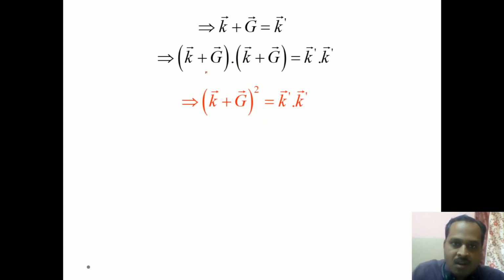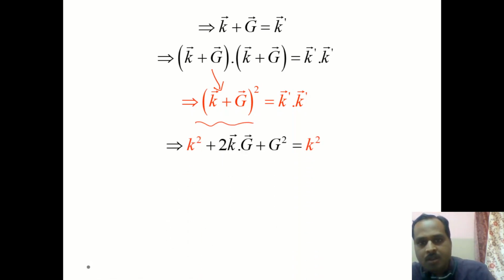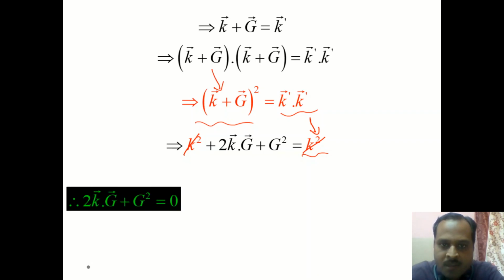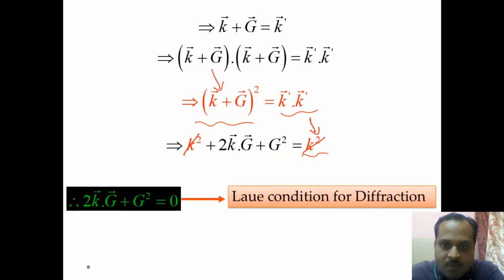So this can be written as (k plus G) whole square, and this is equal to k prime dot k prime, and this can be expanded as k square plus 2 k dot G plus G square, and is equal to k square, because we know that the magnitudes of the wave vectors k and k prime are the same. Now this k square will get cancelled out on the left hand side and the right hand side, and we obtain the Laue condition for diffraction, which is 2 k dot G plus G square is equal to 0.